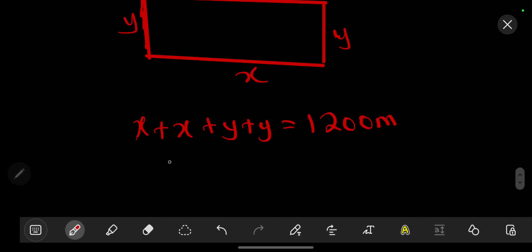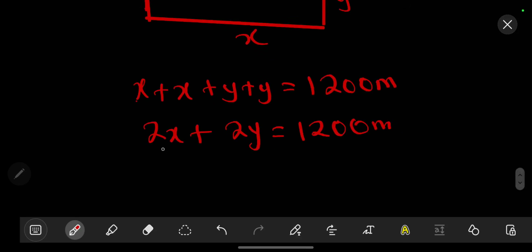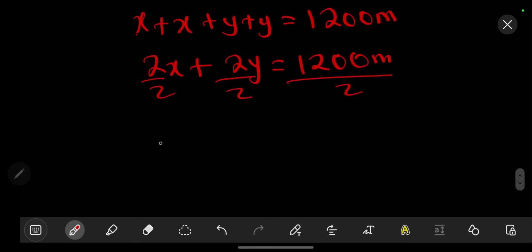So x plus x is 2x, plus 2y, should be equal to 1,200. So we are going to divide throughout, so that we remain with simple numbers such as x plus y equal to 1,200 divided by 2, which is 600. So this is the perimeter equation.